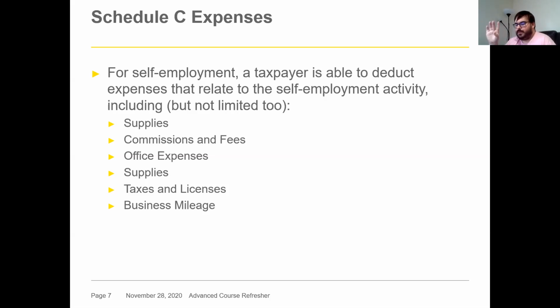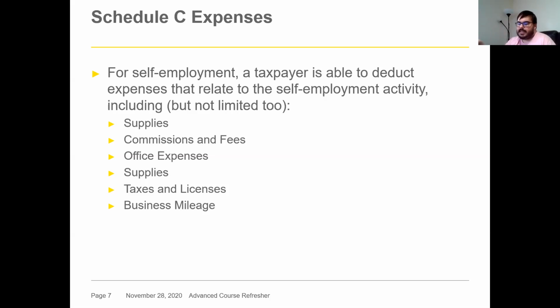Outside of Schedule C, outside of self-employment, if you are a regular W-2 employee and now you're working from home and you want to deduct the cost of your home office, none of it is deductible.